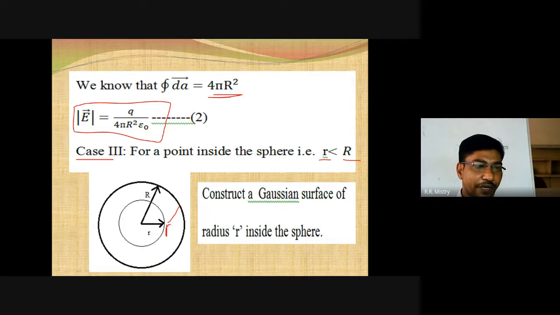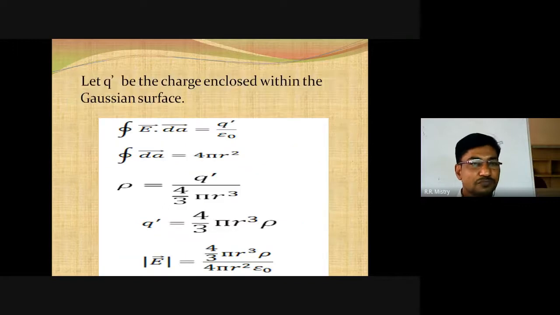Suppose this is point P inside the sphere, O is the center of the sphere, and this distance is small r, less than capital R. Now let q dash be the charge enclosed within the Gaussian surface. First of all you have to calculate how much charge is inside this Gaussian sphere, not on the actual sphere. This is a new notation, q dash, and q dash is less than q.